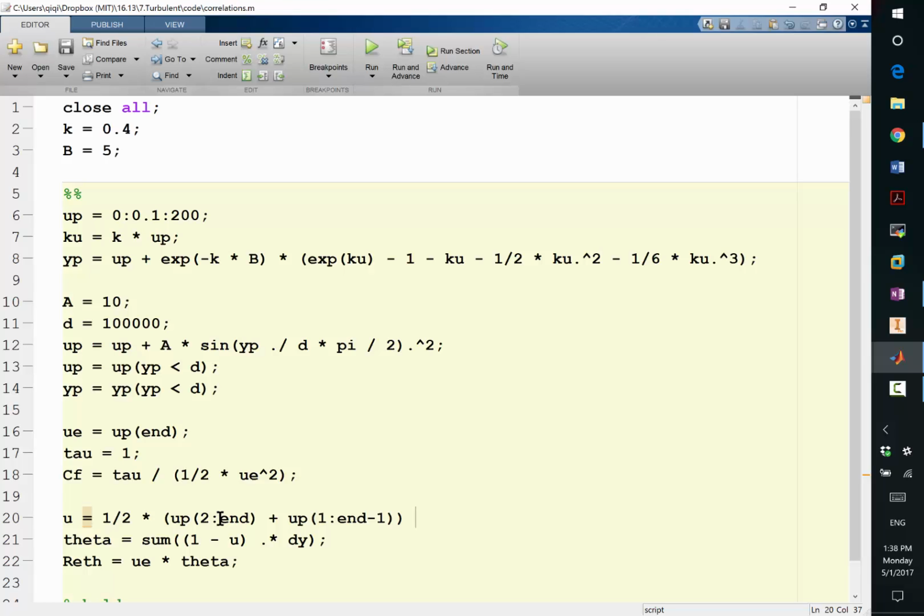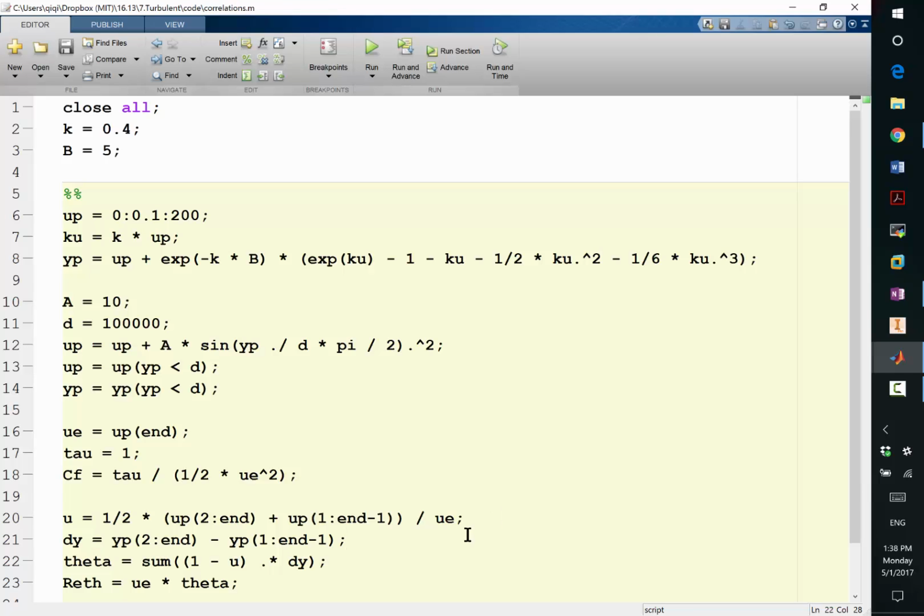So I'm trying to use trapezoidal rule to do the integration. I will non-dimensionalize by UE just over here. So I just have a sum of 1 minus u times dy. And dy in this case is yp of 2 to end minus yp of 1 to end minus 1, right? Okay, so now I get theta.